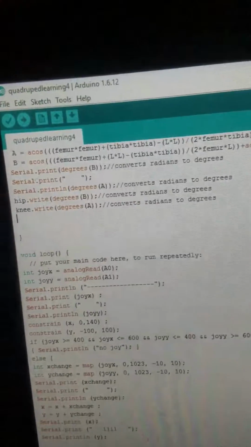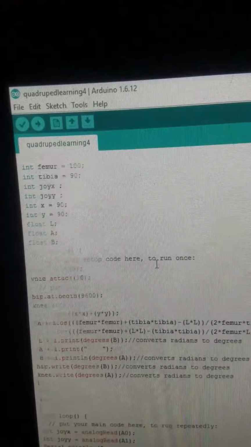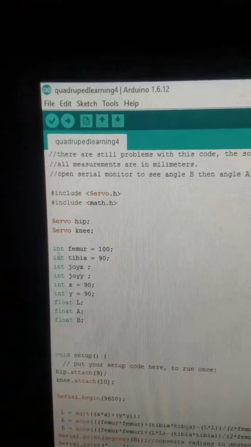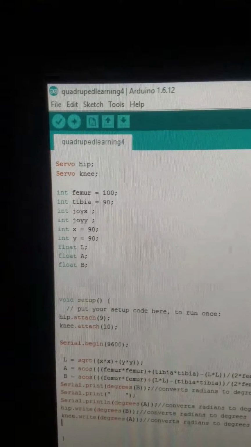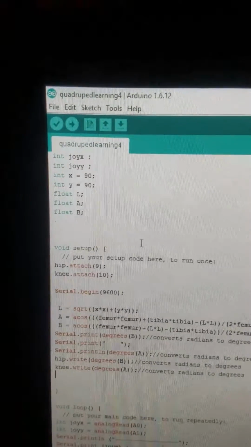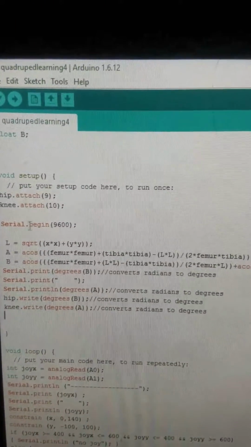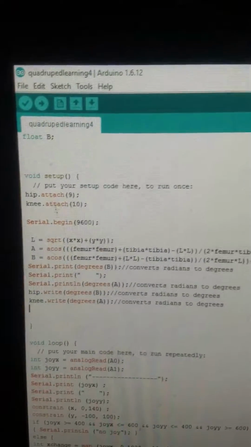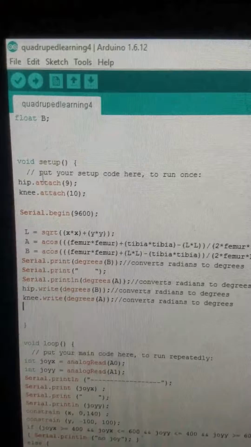Okay, and then a brief look at the programming. Obviously at the beginning, I say use the servo and math library. Here is a few variables that have to be in both parts of the program. Here's the setup. So I have the main equation in setup as well as in the loop.